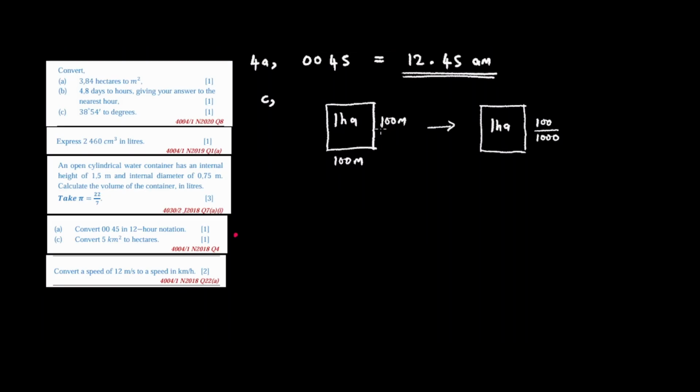Zvatamboita pataratidza chain method. Saka panapa is going to be the same. Kureva kuti this actually becomes 1 hectare inenge iri 0.1 kilometers 0.1 kilometers. Saka but let me use a different color.